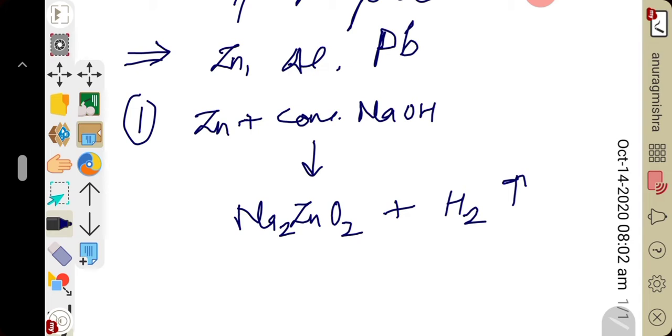Here zinc undergoes reaction with concentrated sodium hydroxide to displace hydrogen, and the complex salt sodium zincate is formed. Sodium zincate is a form of complex salt.